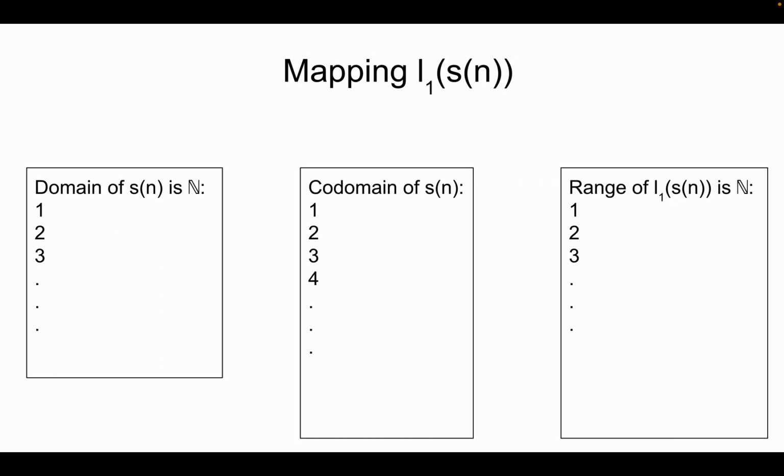Okay, so now let's do some mapping for L sub 1 of S of n. So here I have that the domain of S of n is the set of natural numbers. I'm going to show how that maps onto the codomain of S of n, and then show that the range of L sub 1 of S of n is the set of natural numbers.